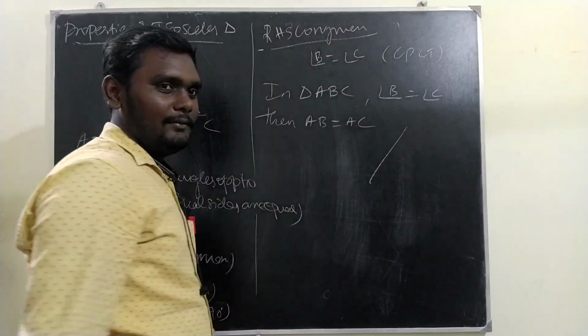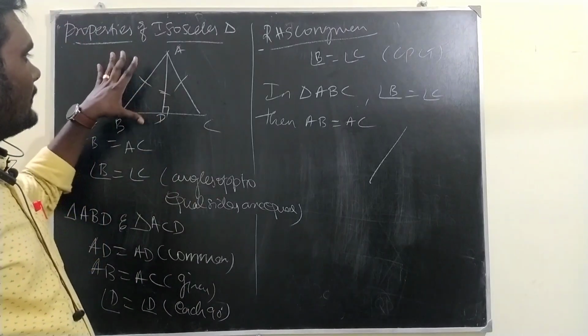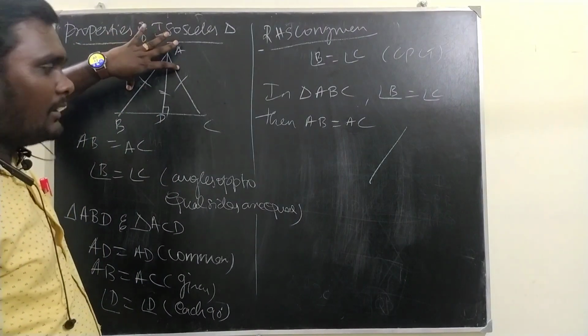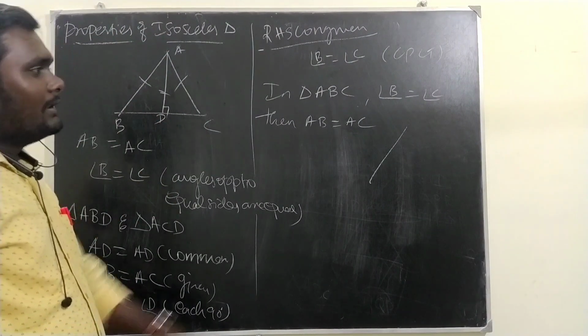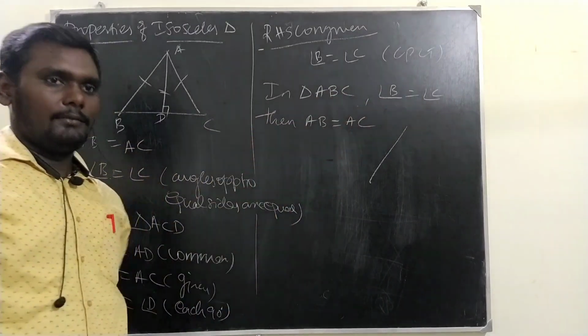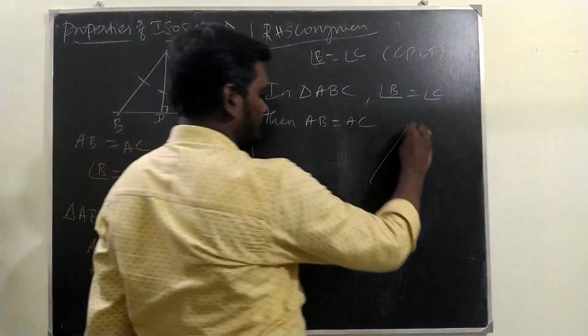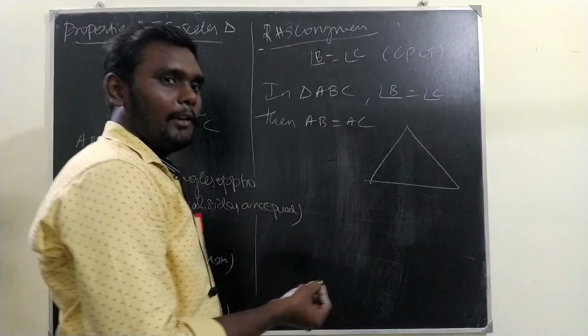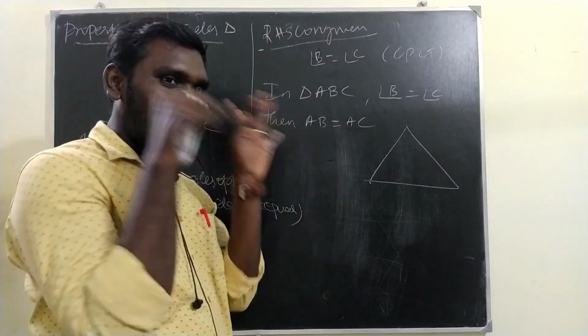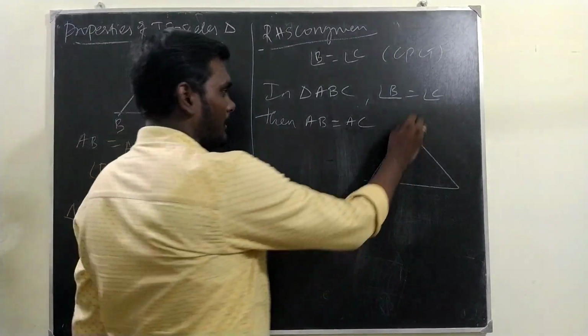This is a different question. In the previous question, sides are equal given, angles are equal, we had to prove. In this question, angles are equal given, sides are equal is what we are going to prove. You should not use the same result directly here. How will you prove that? That's my question.